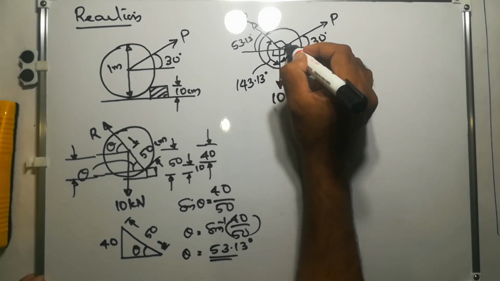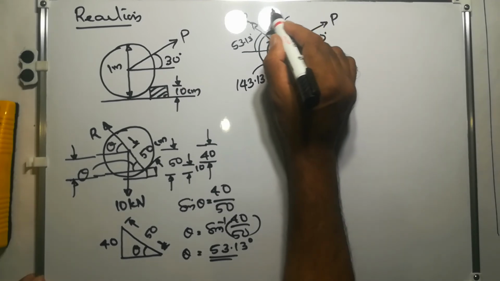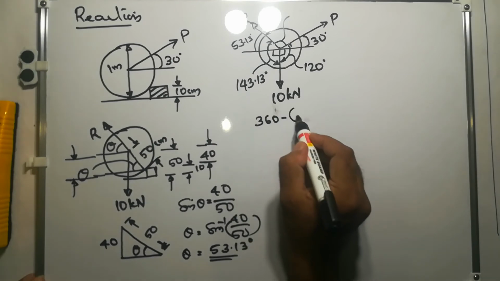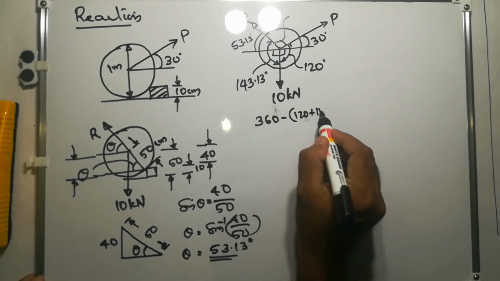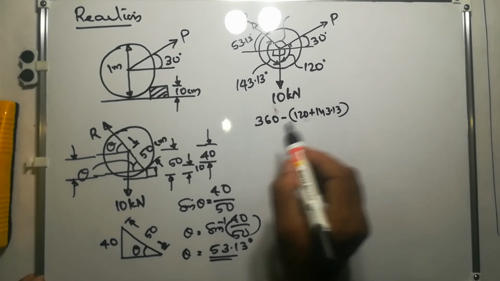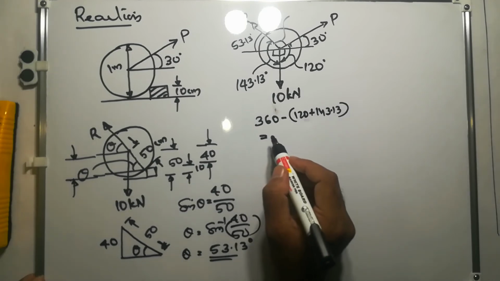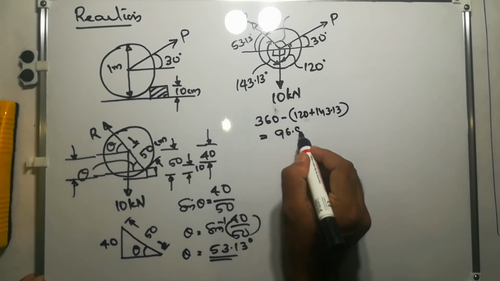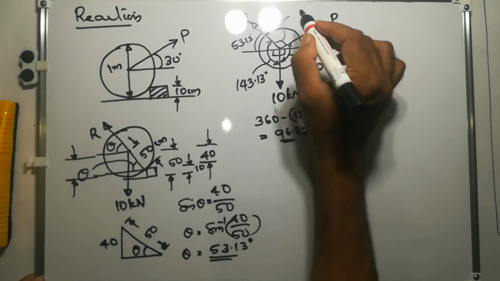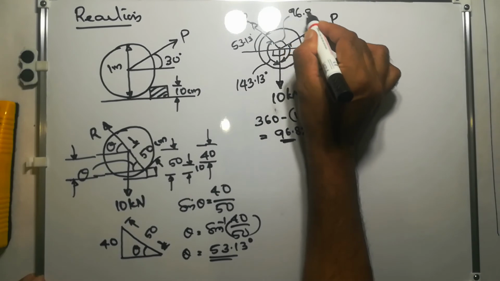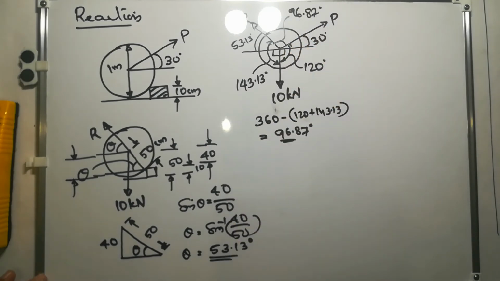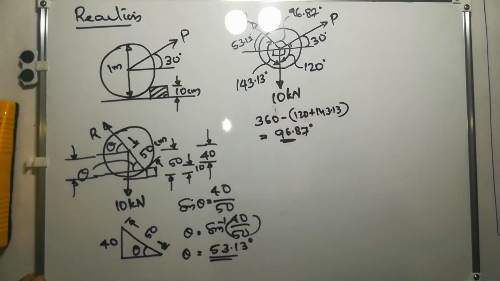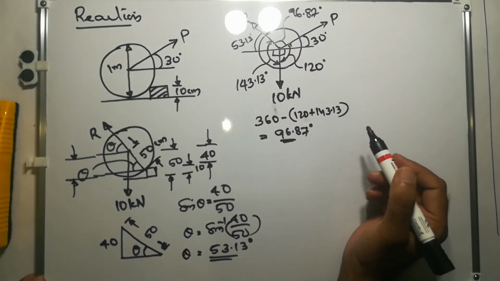So this angle will be 360 minus 120 plus 143.13, that will be equal to 96.87 degrees. Okay, so we have all the angles.